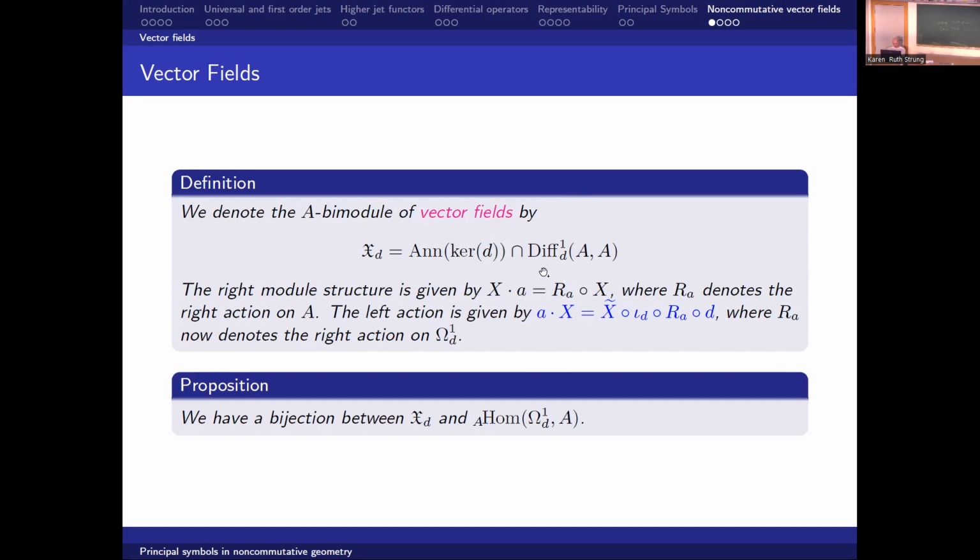And with these two actions, there's a bijection between this and the existing notion of left vector field in this setting. So if the existing notion is reasonable, this one is just as reasonable. It's just a different perspective on vector fields. But now they're things that you can easily compose, because they're just differential operators from A to A which satisfy some other property.